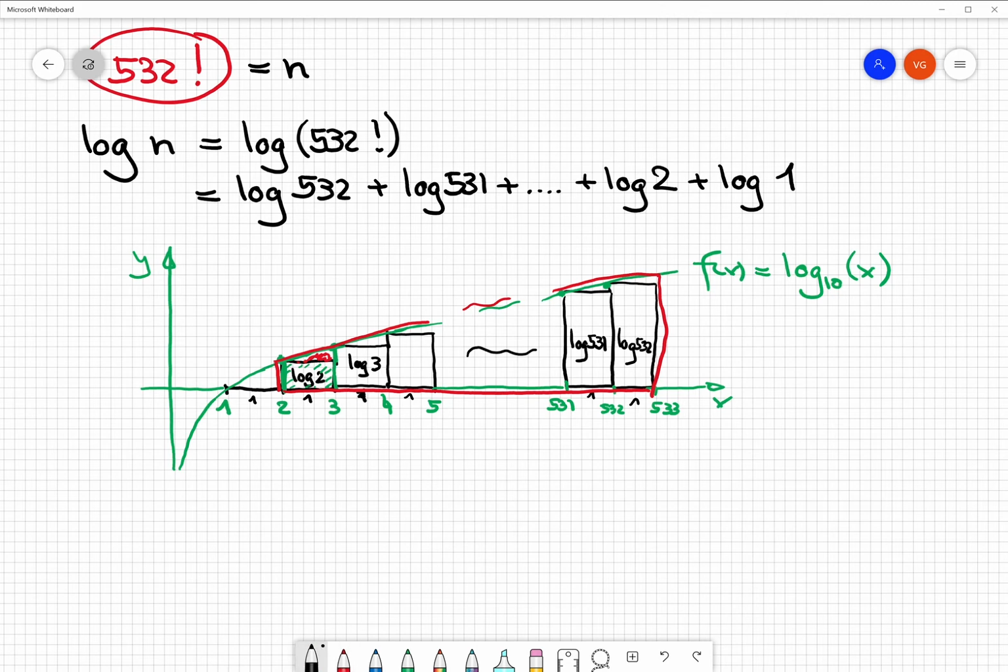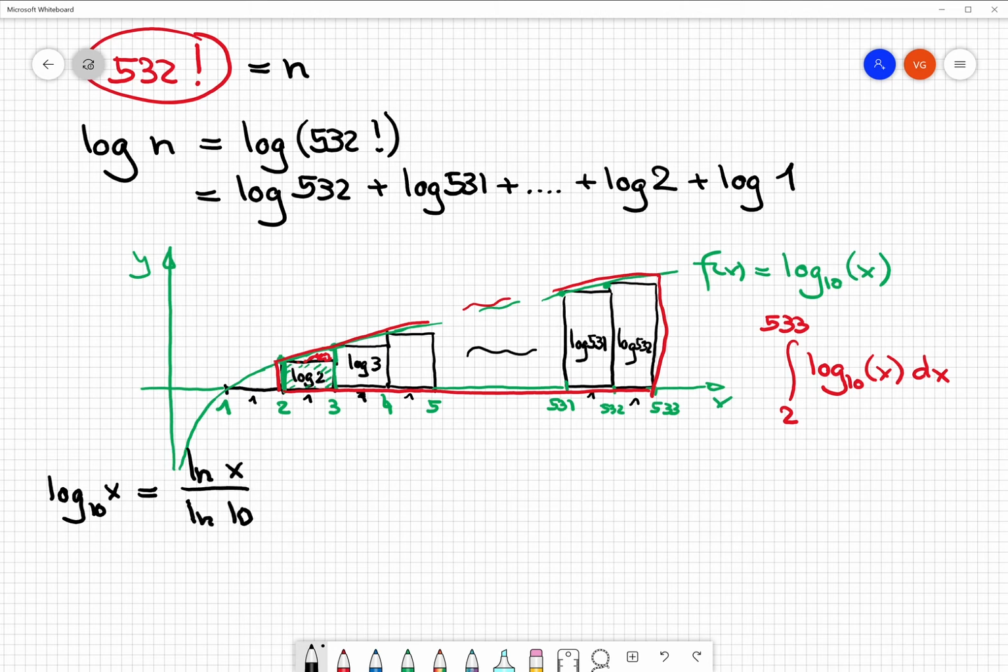What we need to compute, naturally, is the integral from 2, we don't need 1, 2, up to 533 of this logarithm in base 10 of x with respect to x. This integral is an upper bound for our sum. Okay, let's do that. First of all, logarithm in base 10 of x can be rewritten as the ln of x over the ln of 10.